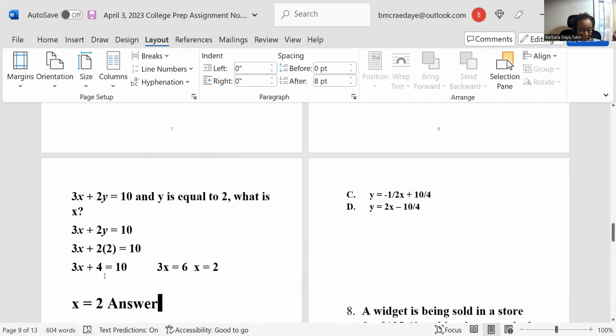Yeah, but I'm just saying, even if you started up here where it says y is 2, and you put 2 times 2 is 4, and you say, well, 4 plus what number gives me 10? That's only 6. But if 3x is that number and it's equivalent to 6, x can only be 2. I'm just showing ways you could get answers without going through a lot of steps.